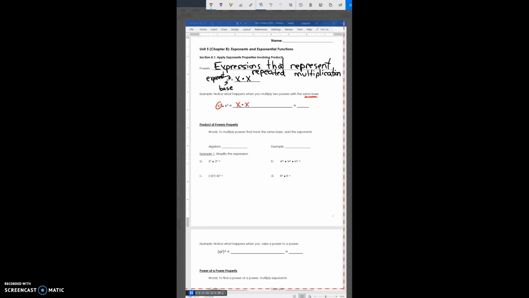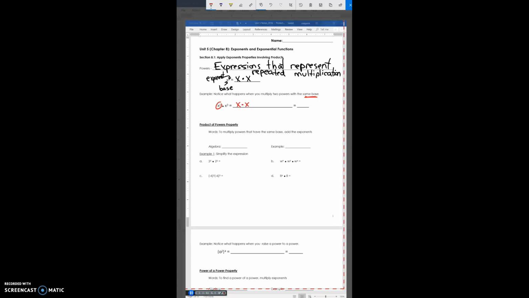If I multiply that by x cubed, which is x times x times x, all total I've got 1, 2, 3, 4, 5 x's. So my final answer looks like x to the power 5.